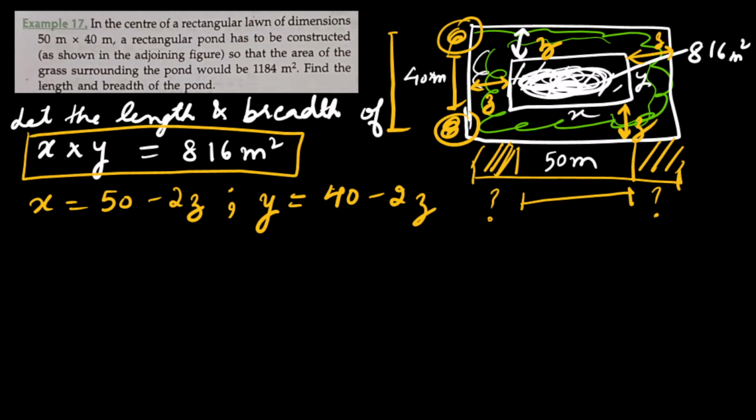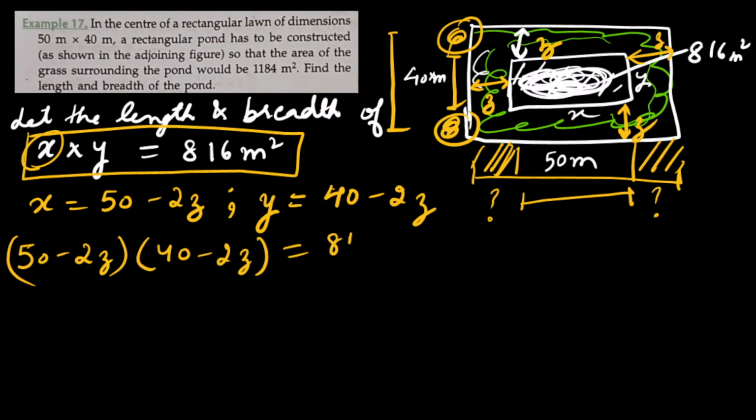So thickness is uniform on all sides, and if we subtract that thickness, we'll get the value of X and Y. X we got 50 minus 2Z, Y we got 40 minus 2Z. Now we can just substitute. At the place of X, I am going to write 50 minus 2Z into 40 minus 2Z, and this is equal to 816.